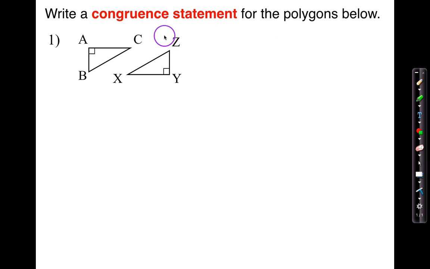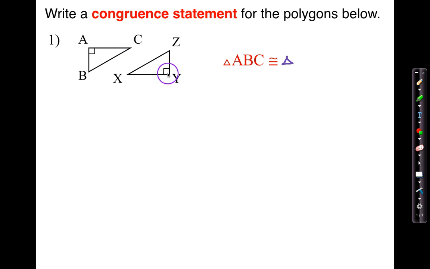Okay, so now what we're going to do is go ahead and take a look at different figures and write our own congruent statement. So here, I'm going to start with triangle ABC. Now, what is that congruent to? Well, first, I'm going to go ahead and write triangle and then find its corresponding point. So A corresponds to Y. And how do I know this?